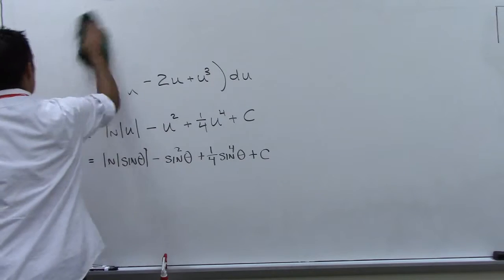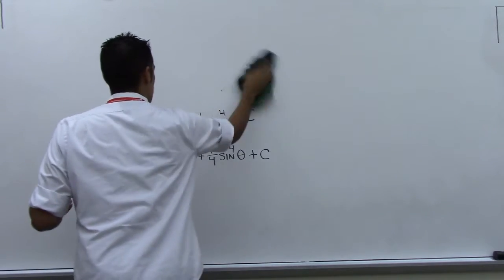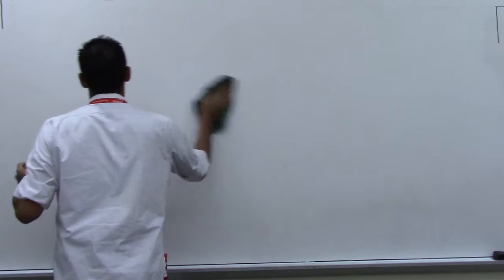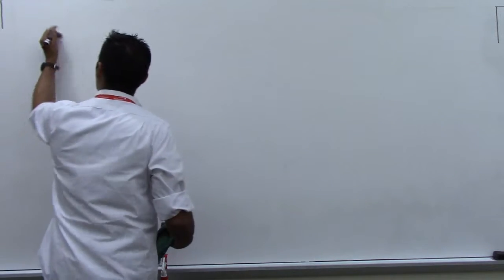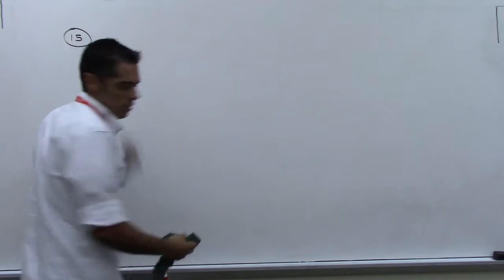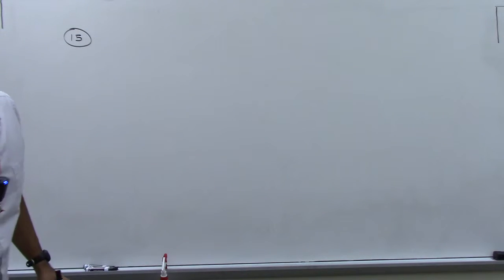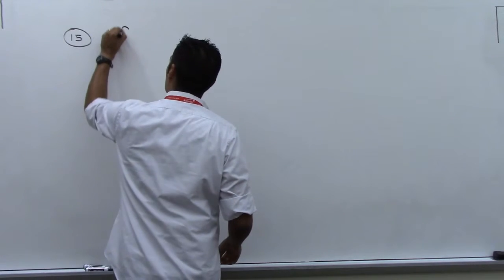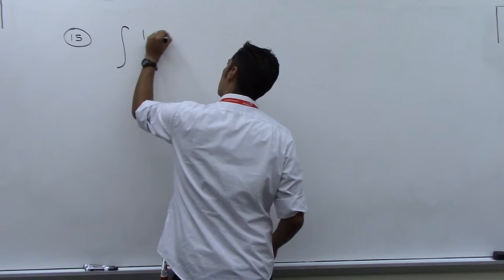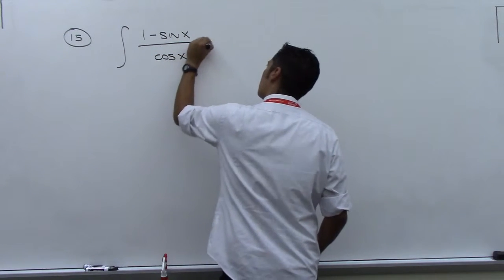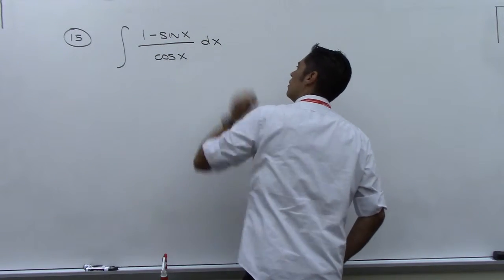All right, let's move on to number 15. The integral of (1 minus sine x) over cosine x dx.